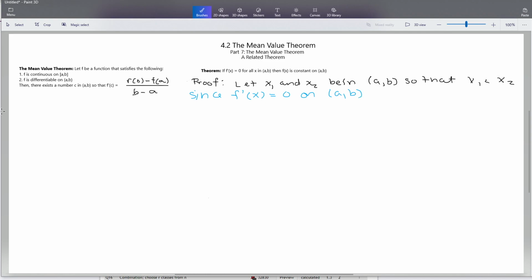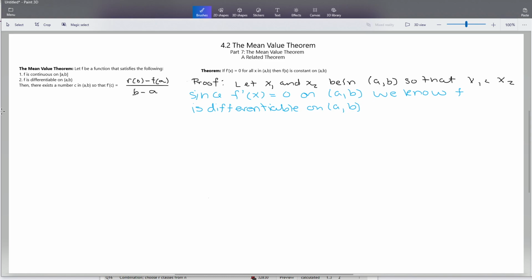Okay, so since f prime of x is 0 on AB, we know that f is differentiable on AB.